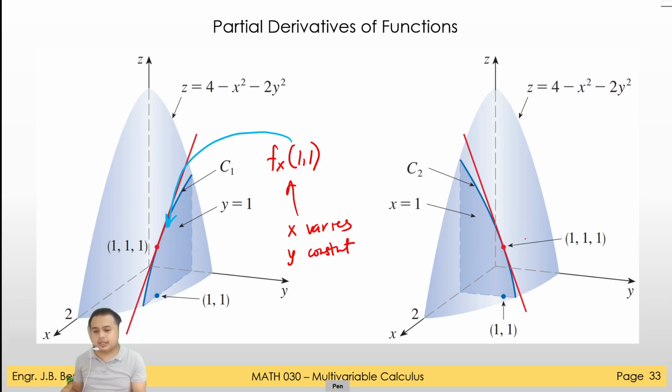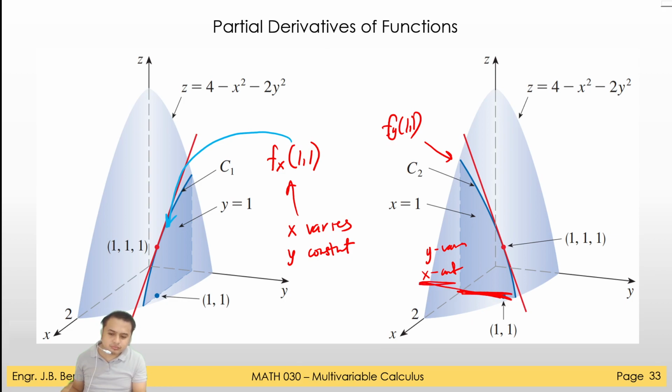And then same goes for f_y of (1, 1): y varies and x is constant. So x here is a constant value, so it doesn't change. The cross-section, if you look at this point, will just be the line x equals 1, if this is your x-axis and this is your z-axis.